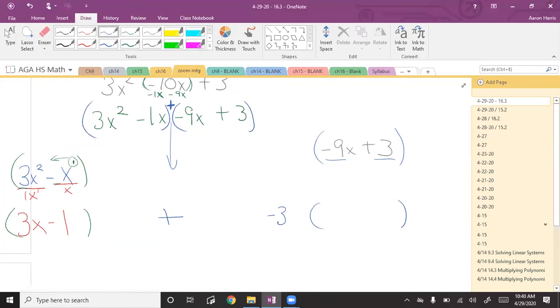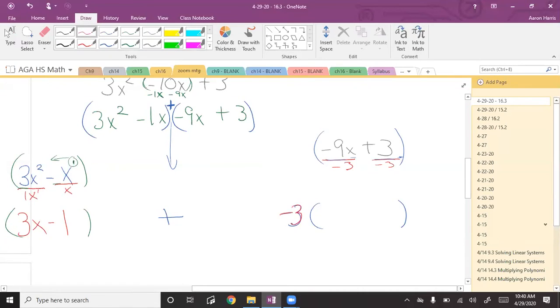Now, pay attention. I'll explain why I chose -3 over the +3. There's an x here, but no x here. So can I pull out an x? No, because there's not an x in both terms. So I'm going to divide by what? -3. Here's my GCF.